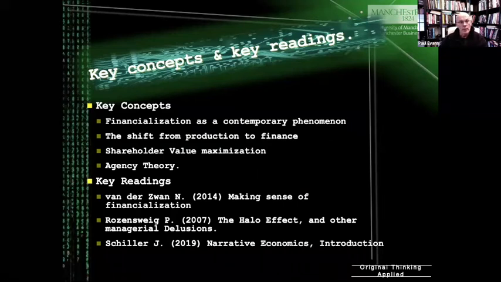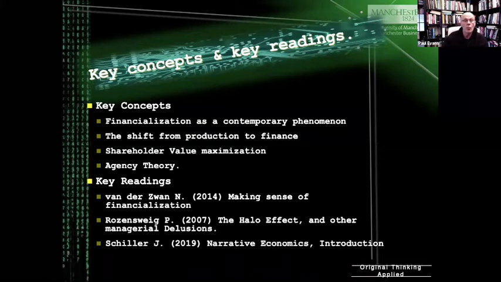And I gave you a couple of readings on that one. Natasha van der Zwan's paper on making sense of financialization, which is, to be honest, not the easiest article in the world to read. Also, I gave you Rosenzweig's article on the halo effect and other managerial delusions, because on what basis are we attributing success? That's the question Rosenzweig asks: how do we attribute success?